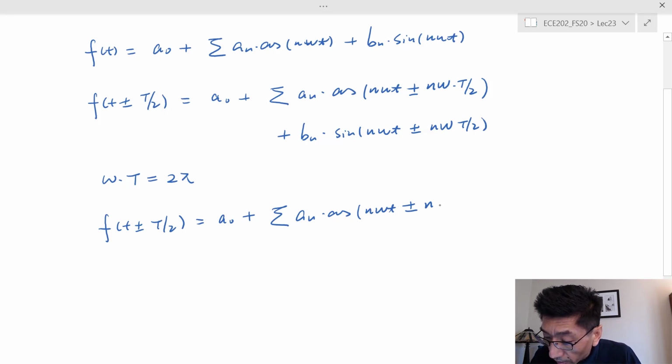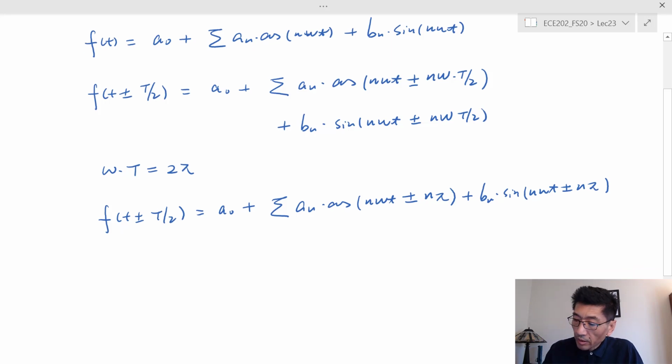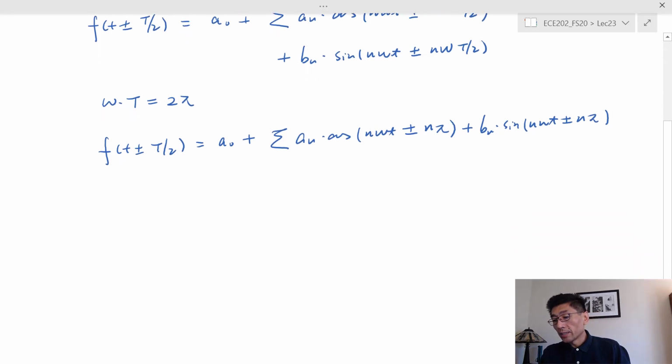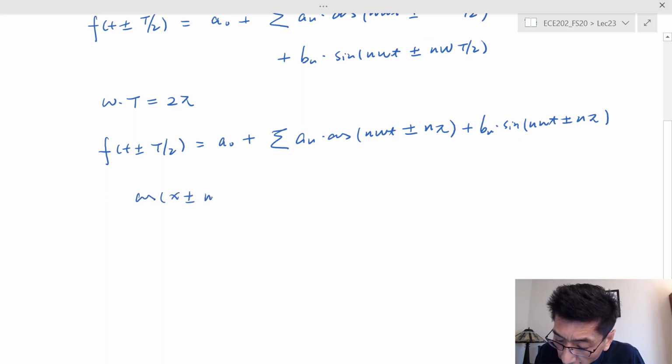So therefore we have plus or minus n pi, and plus b sub n times sine n omega t plus or minus n pi. Remember, for the function, let's say cosine of x plus or minus n pi, that's always equal to negative 1 to the power n times cosine x.